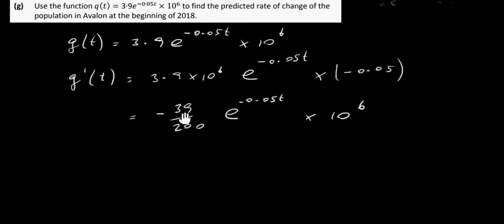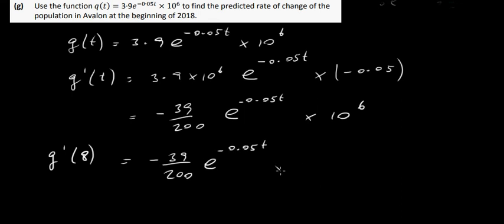But we want it at the beginning of 2018. From 2010 to 2018, that's 8 years, so what we really need is g dash 8, so t is equal to 8. In other words, it's minus 39 over 200, e to the power of minus 0.05t by 10 to the power of 6. When you work that out, you get minus 130712.409.